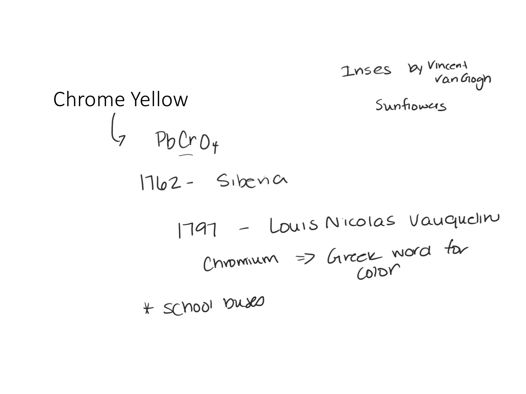But the big thing that it was used for that I think we can recognize is that Vincent van Gogh loved it. He painted his sunflowers with it. He just thought it gave a really beautiful yellow color.